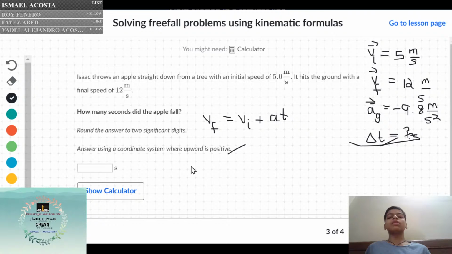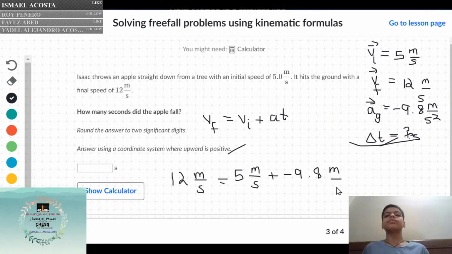The final velocity is 12 meters per second, the initial velocity is 5 meters per second, plus acceleration negative 9.8 meters per second squared times the change in time. Subtract 5 meters per second from both sides, which gives 7 meters per second equal to negative 9.8 times the change in time.